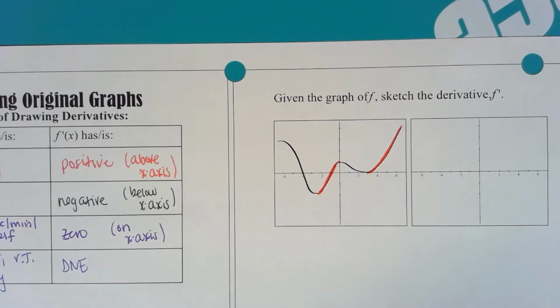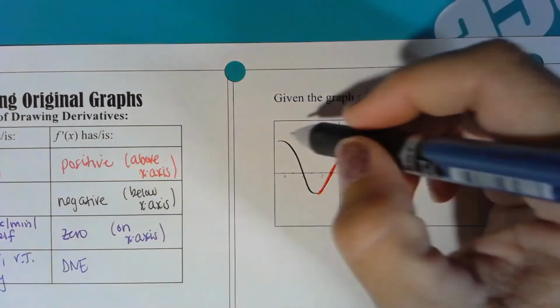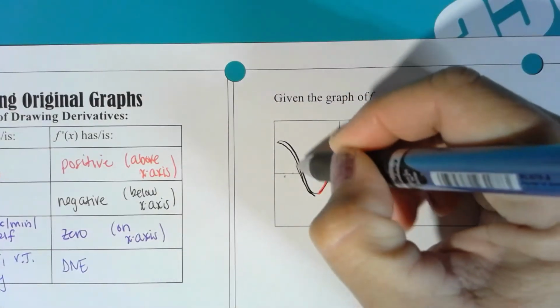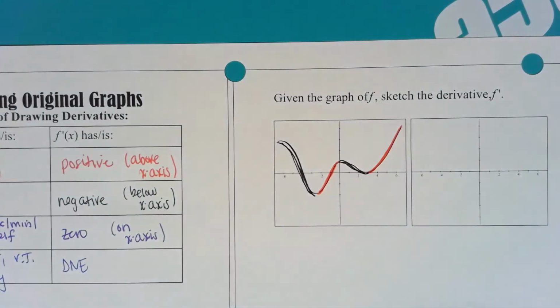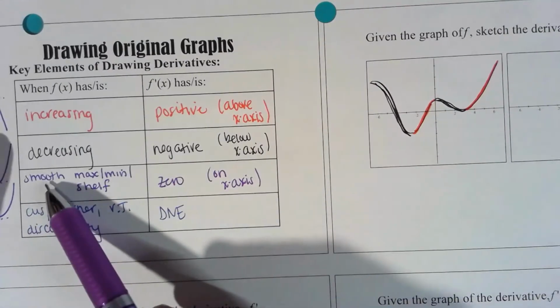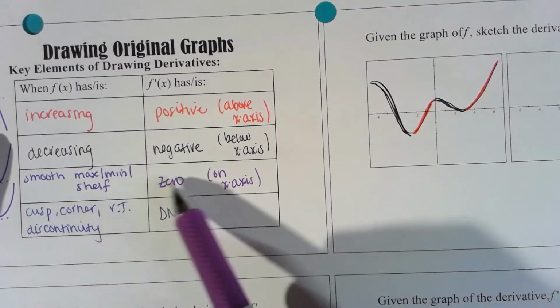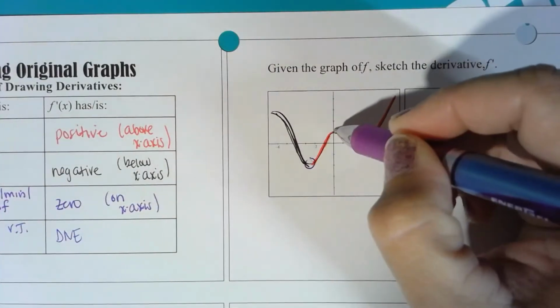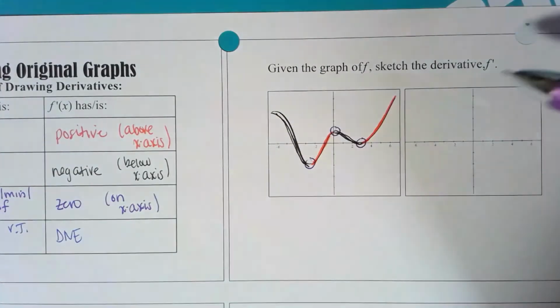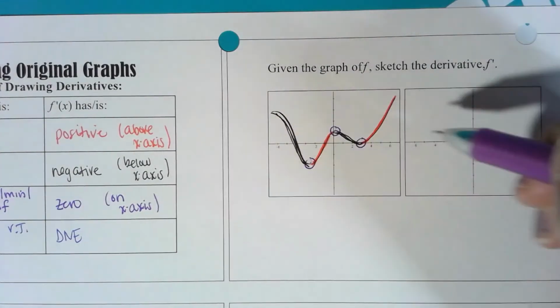When my graph is decreasing, my derivative will be below the x-axis. And when my graph has a smooth max, min, or shelf, we're going to be on the x-axis. So it looks like we're going to be on the x-axis.